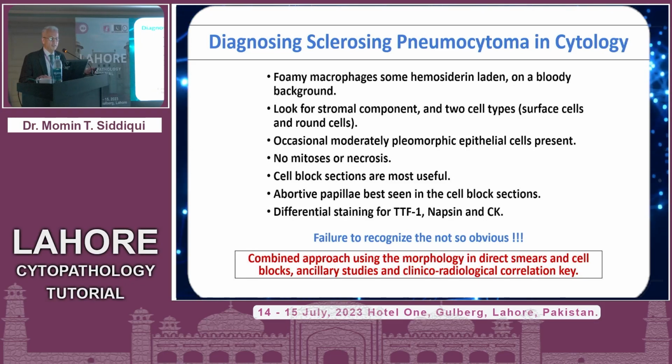So basically, failure to recognize the not so obvious can sometimes lead to a pitfall, and this would be one of the most commonly encountered scenarios that you may see in some practices, and it's best to be noted for lung cytology as a pitfall.